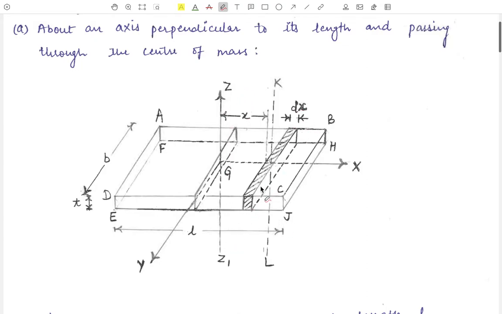By integrating that moment of inertia between the limits, we can find out the moment of inertia of the whole rectangular bar. Now the limits of integration will be taken with respect to this Z1 axis. The values of x for the integration will vary from the lower limit x equal to minus L upon 2 to the positive upper limit plus L upon 2.